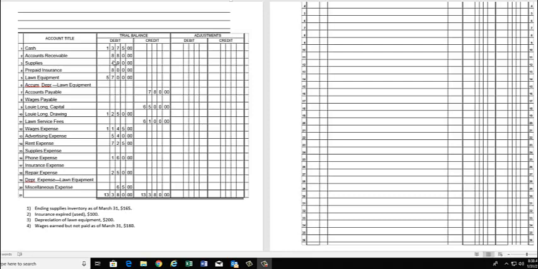And that's what we're trying to do. We want to bring our supplies down to $165, and then we want to show in our supplies expense account that we've used up $325 in supplies. So to do that, we're going to credit the supplies account.